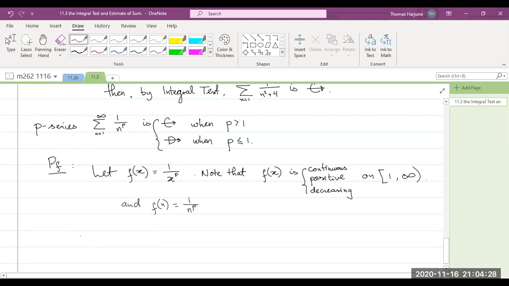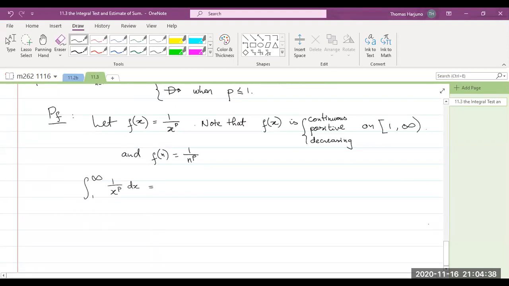Now, the integral from 1 to infinity of 1 over x to the p dx, I need to break it up into some cases. The first case is when p equals 1.